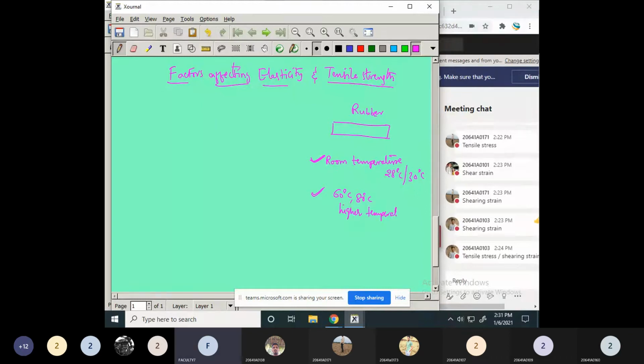Now what you can expect is that the behavior of rubber at room temperature will be different from that at higher temperatures. What is the reason? This rubber is going to melt somewhat at 60 degrees or 80 degrees.